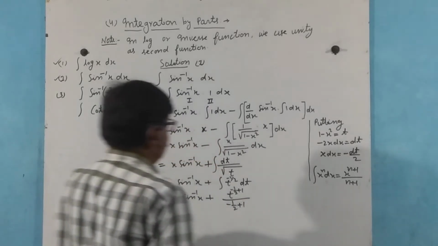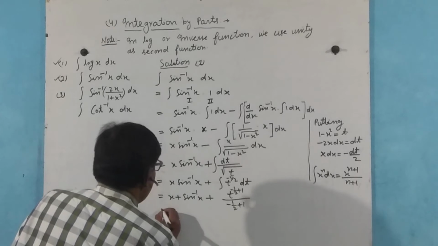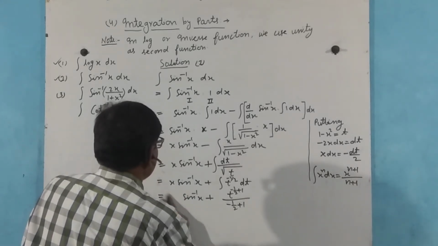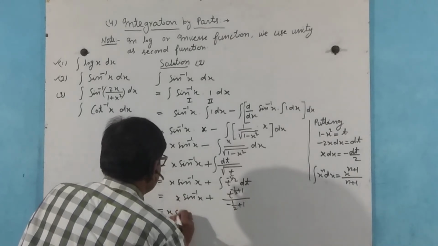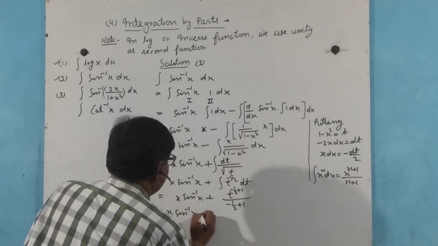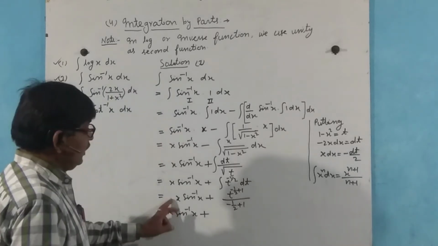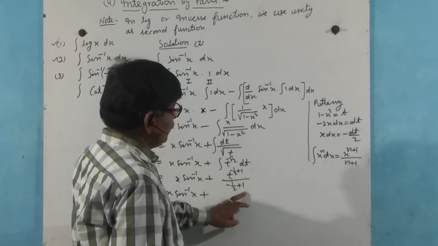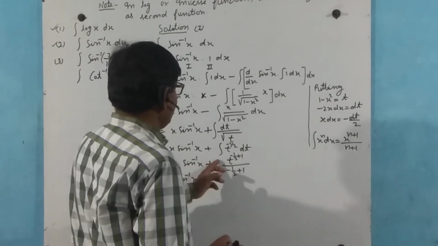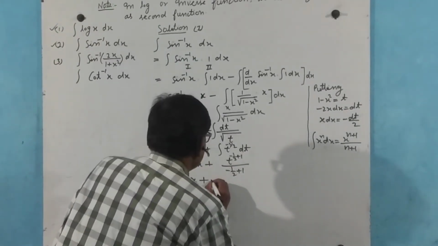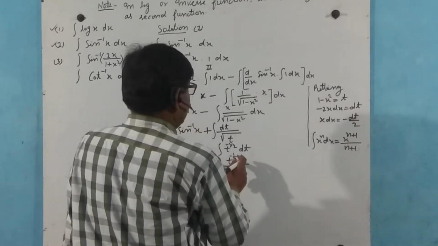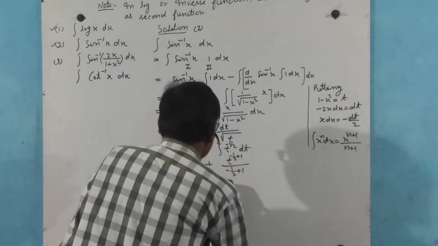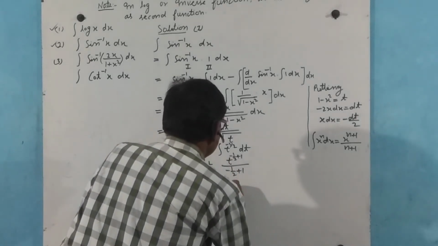So this is equal to x sin inverse x plus, minus half plus 1 is half, and 2 comes here, so 2 root t.